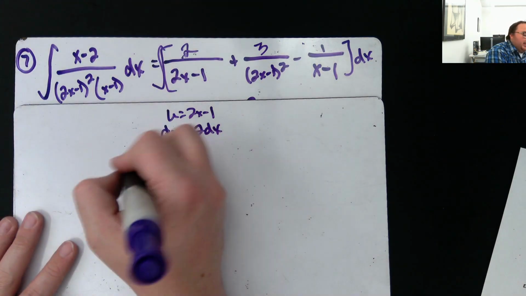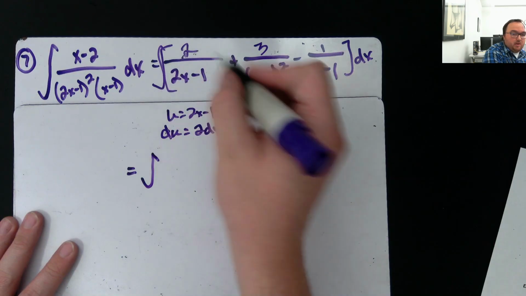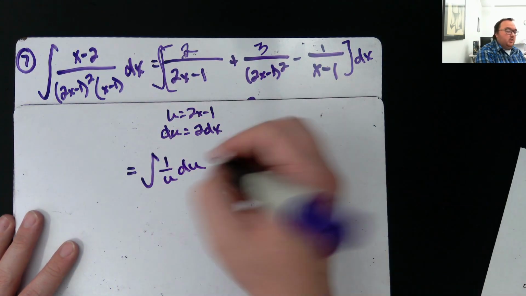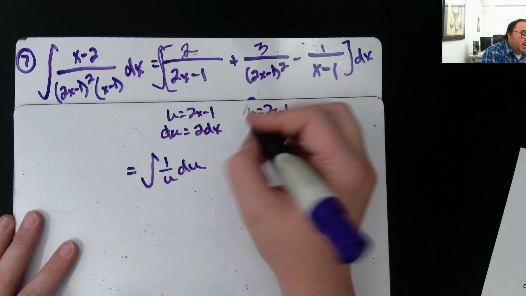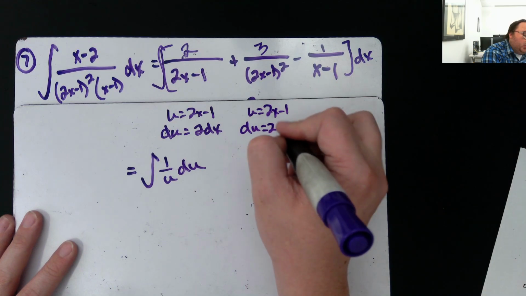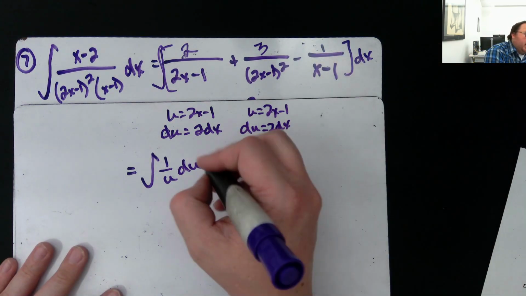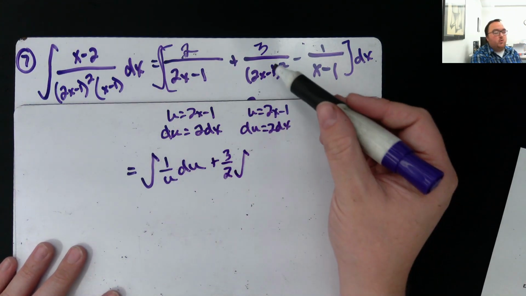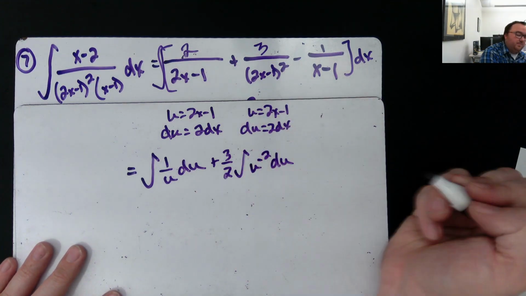So that's going to make this equal to the integral, just for this first part right here, of 1 over u du. Do the same thing over here. This one would be u equals 2x minus 1. So du would be 2 dx. I don't have a 2, but I have a 3. So that's going to make that 3 halves integral 1 over u squared. So that's like u to the negative 2 du.